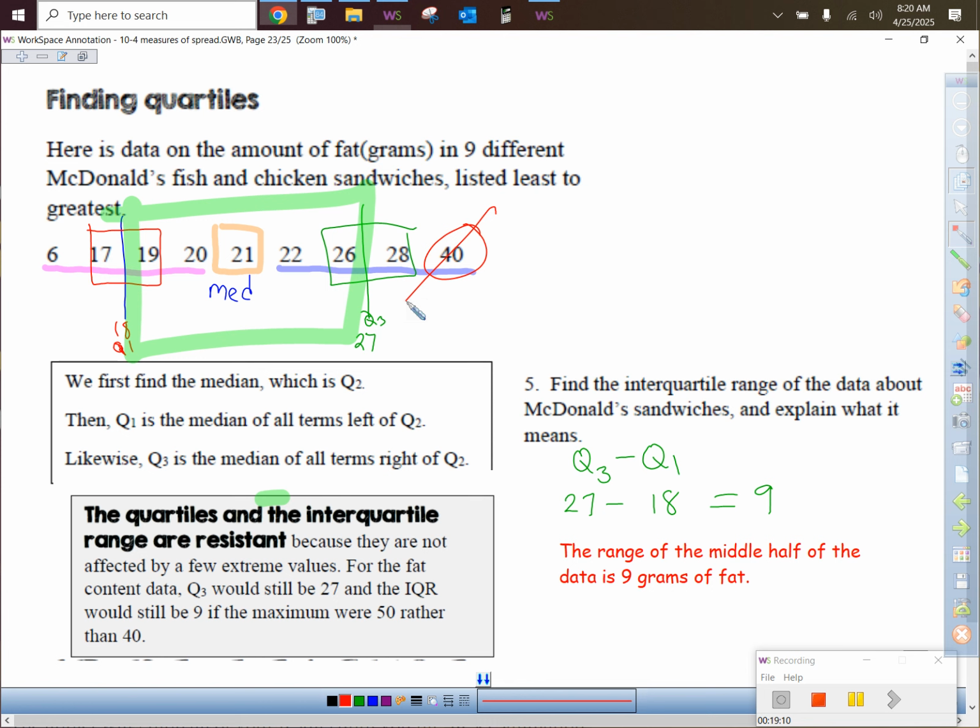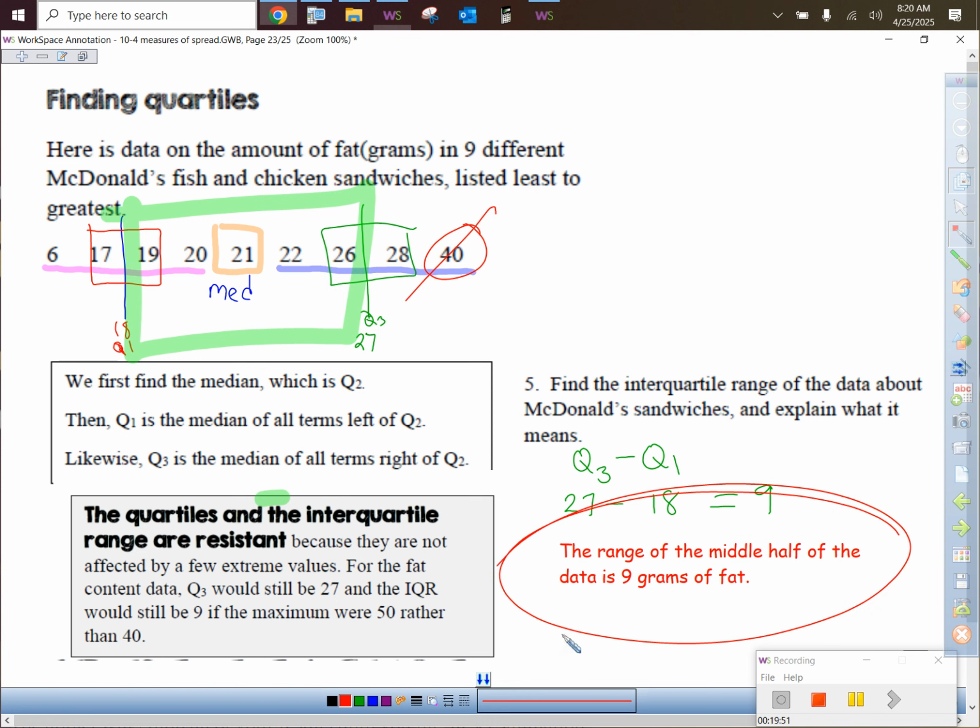Does the median change that much when we add or cut off a big value? Why not? Because the median's in the middle. What do you think about the interquartile range? Is it resistant to outliers? Yes. It's true. The interquartile range is going to change a little bit. The numbers are going to change, but it's not going to change drastically. Does that make sense? So that guy is resistant. So the interquartile range is resistant.